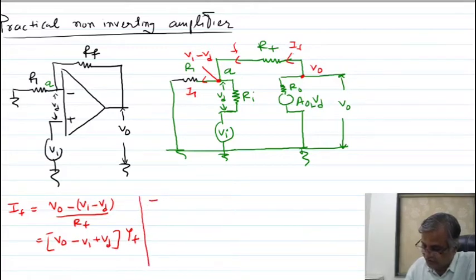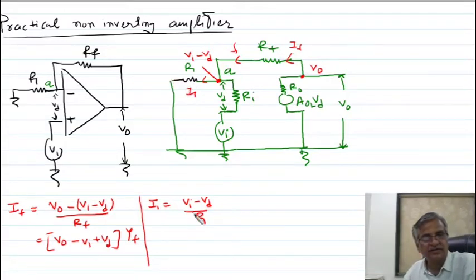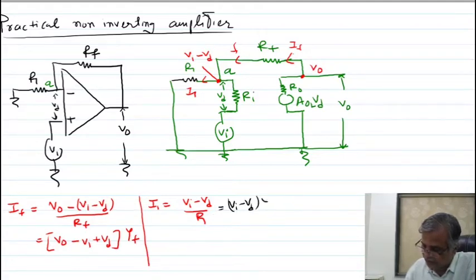I1 is nothing but Vi minus Vd upon R1. The potential at this point with respect to ground upon R1 is called the current. So I can write Vi minus Vd, and 1 upon R1 is called admittance Y1.